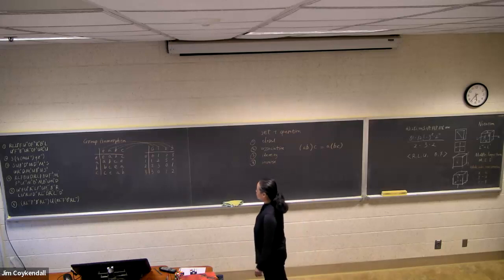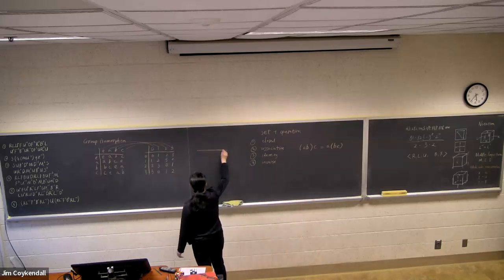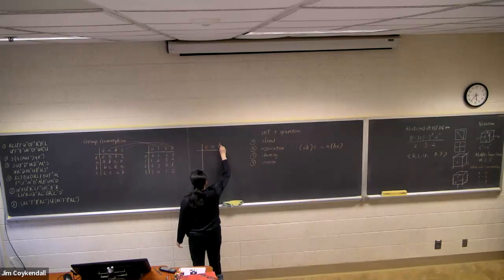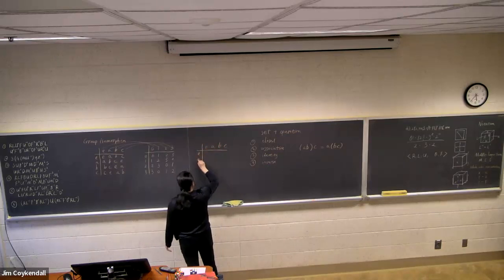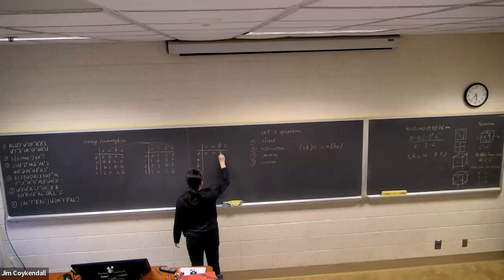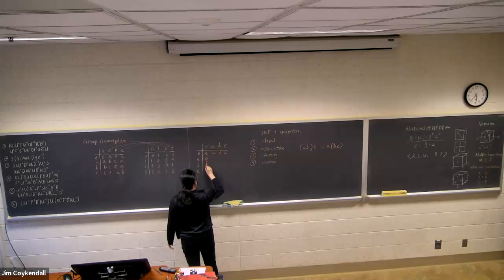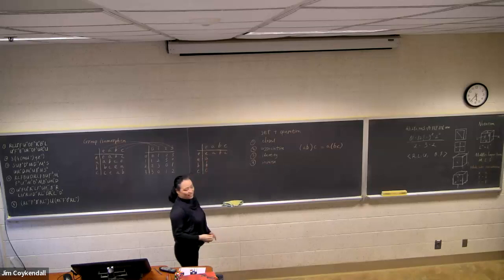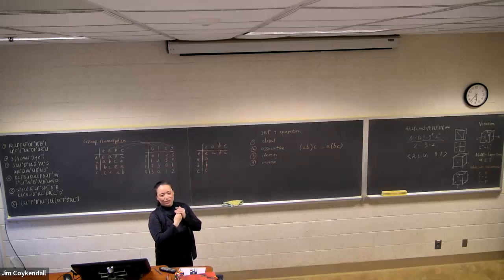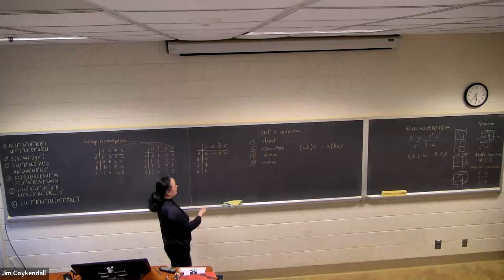Now let's look at another group that also has 4 elements. Copy. In this case, every element, you do it twice, you get back the identity.